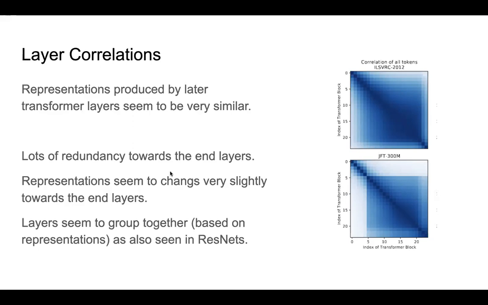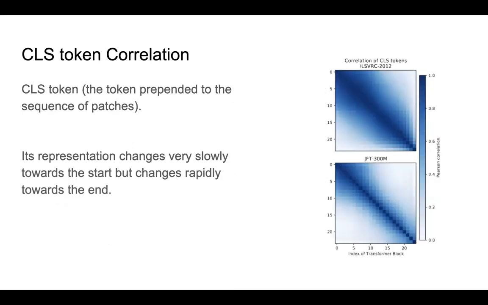So does that mean that layers towards the end are not necessary, since the correlation in their outputs is quite similar? We'll see how it goes.